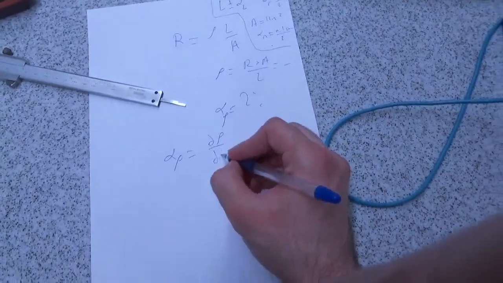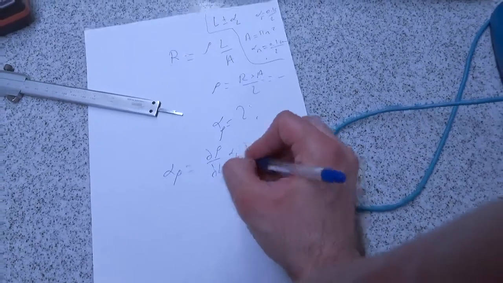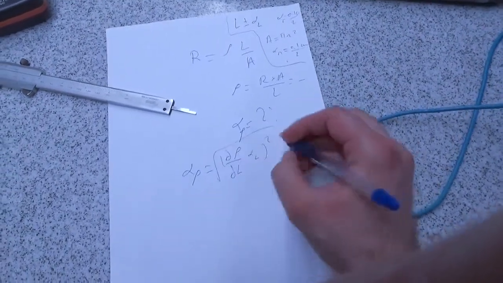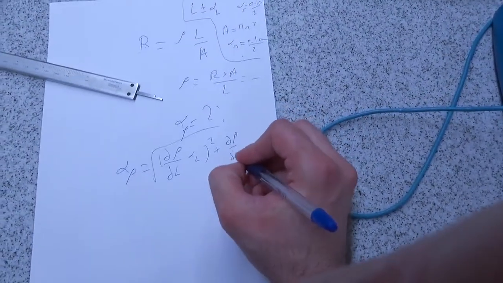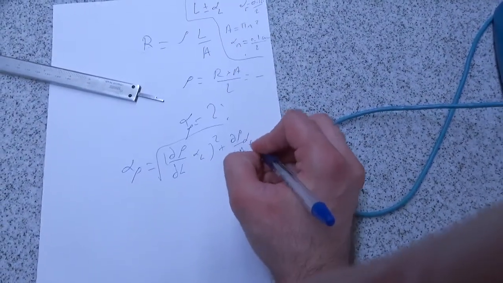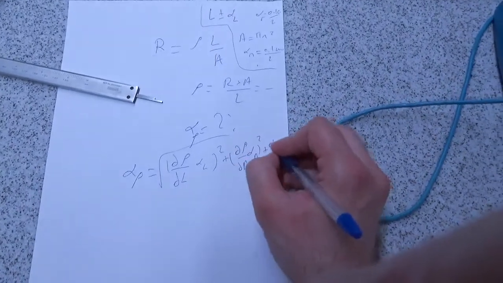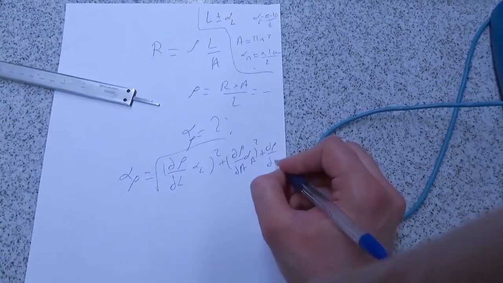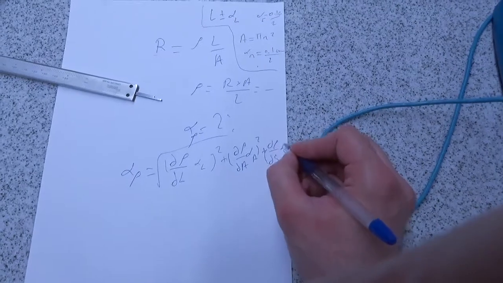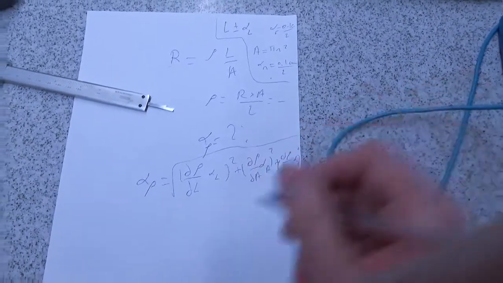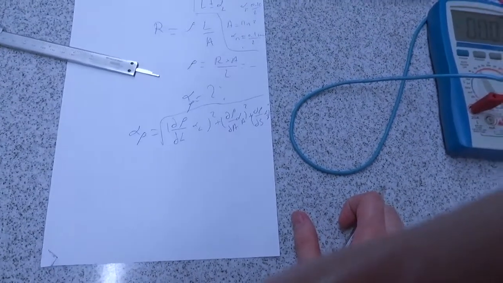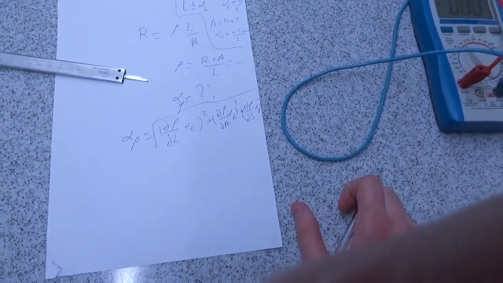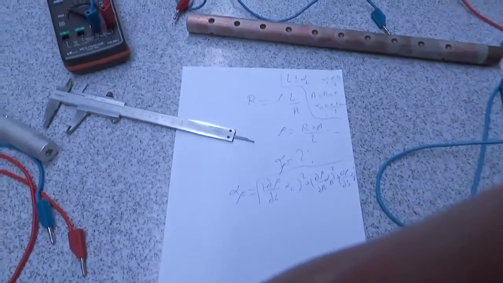So we have the first partial derivative with respect to length times the error on the length squared, plus a second partial derivative with respect to area times the error on area squared, and a third partial derivative of rho with respect to slope times the error on slope squared. And that would be it for the error on the resistivity, which is determined by using the propagation of error. And that would be it regarding our experiment of today.